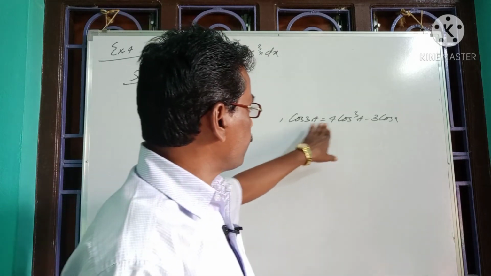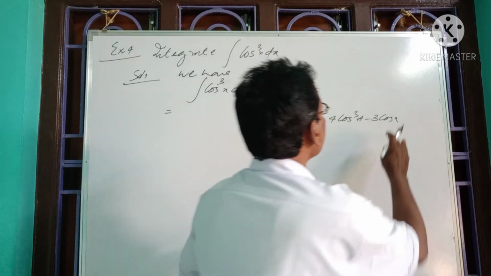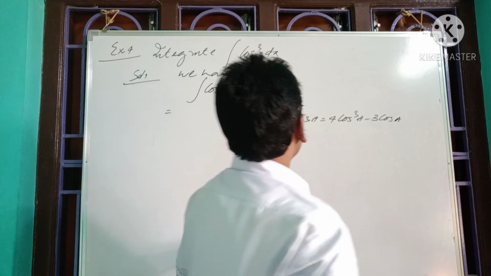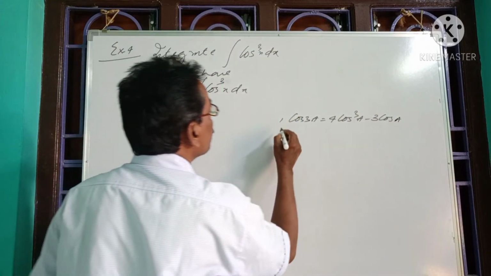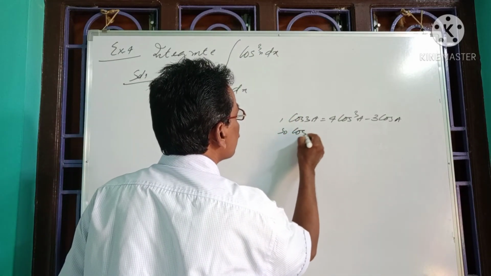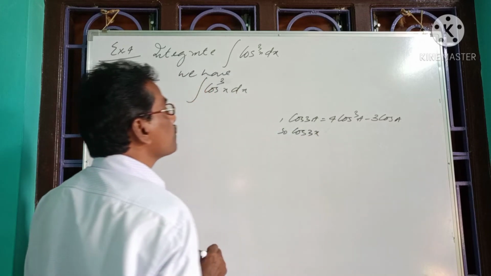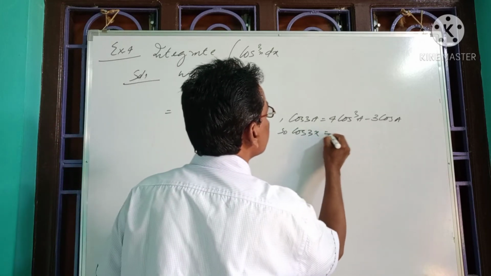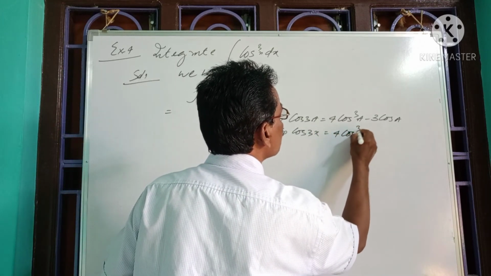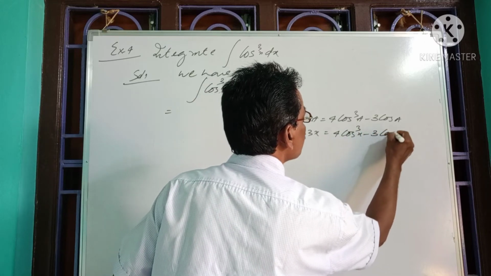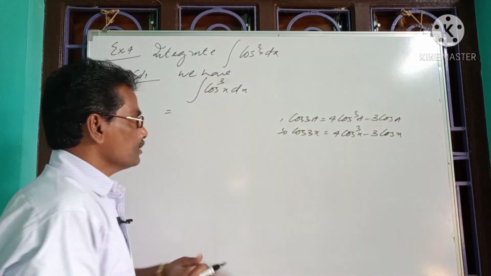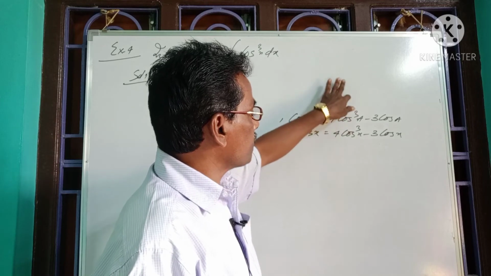So we have cos of 3x, which is equal to 4 cos cubed x minus 3 cos x.